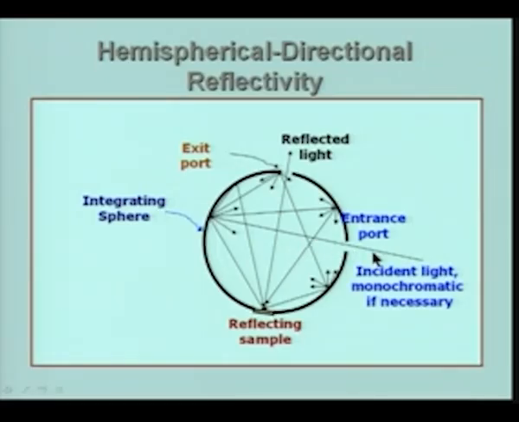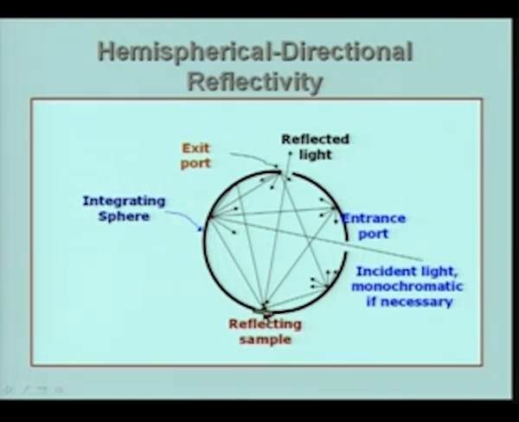So, you can see that the light which is incident through this port or this hole, which is falling on a small area on the sphere at this particular location, gets reflected in all directions.